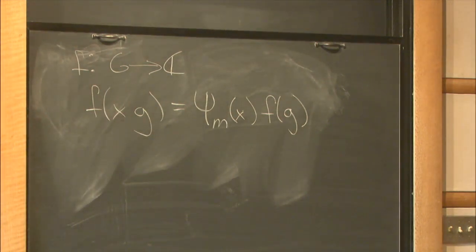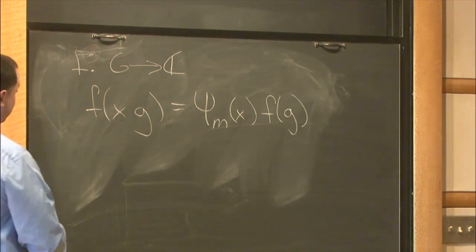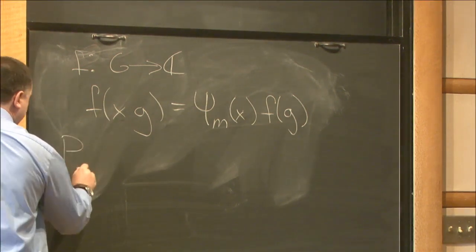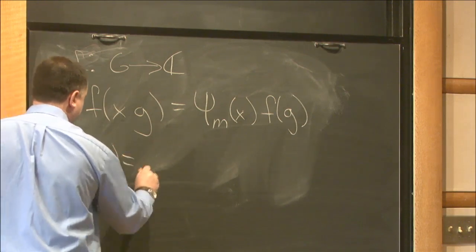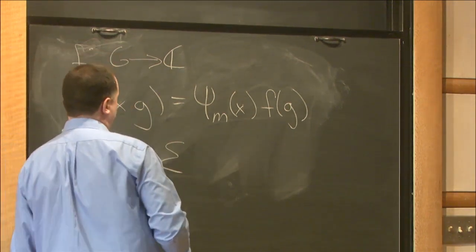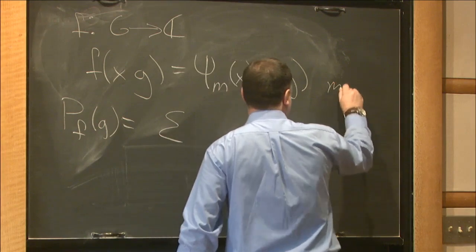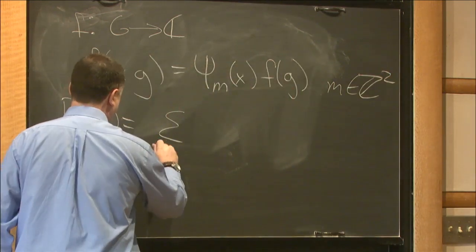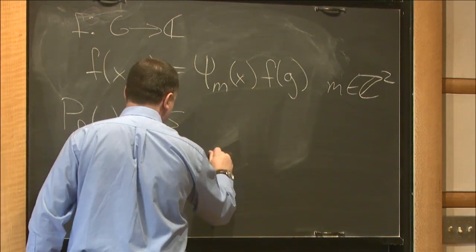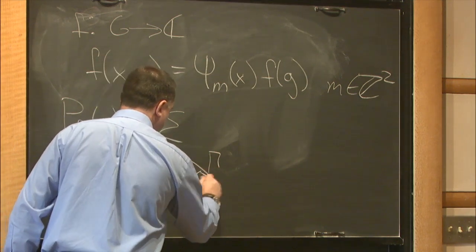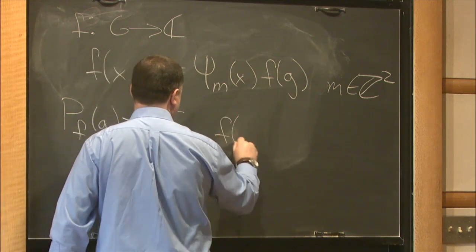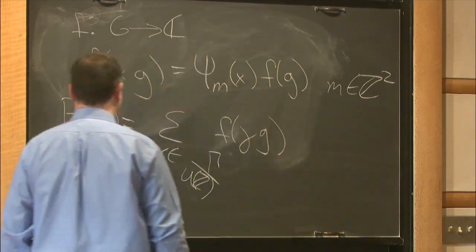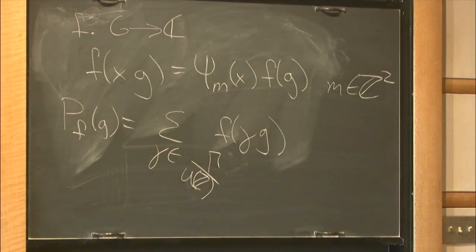Goldfeld calls these E psi m functions. From this, I can define a Poincaré series Pf of g, which is just the sum over gamma in gamma mod U of Z of f of gamma g. That is the Poincaré series associated to f.